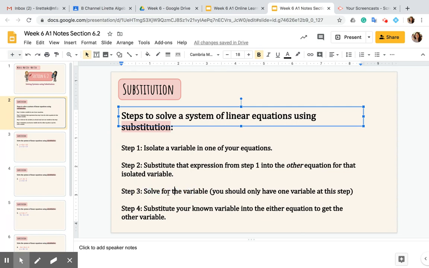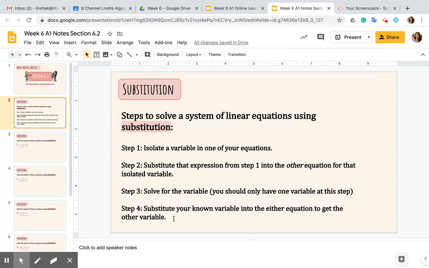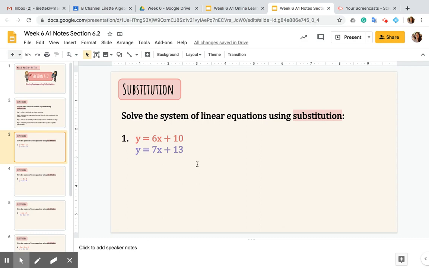Take that value for the y, substitute it into either equation, the original equations with x's and y's, to get the other variable. So you may want to refer to these steps if you forget how to do things. And as always, I encourage you to rewatch examples in this video if you're getting stuck on your online learning slides. Okay, so let's take a look at the first system.